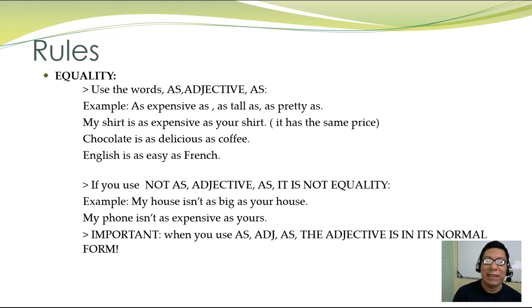My phone isn't as expensive as yours. And something very important to remember is that when you use as, adjective, as, the adjective is in its normal form and you don't change the adjective. For example, as beautiful as, as happy as, as intelligent as. That's it. That's the way we use equality adjectives.